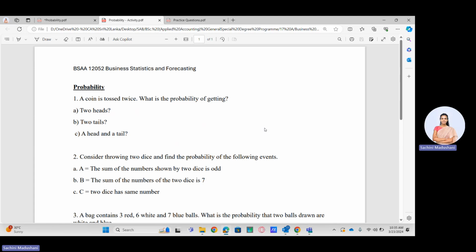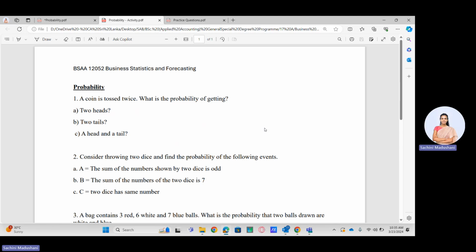Through this branch, we multiply. 1 over 2 into 1 over 2. What is the answer? 1 over 4. Is it clear? Then the other one has two tails. Which branch represents two tails? The last one. What is the probability? 1 over 2 into 1 over 2. The answer is 1 over 4.